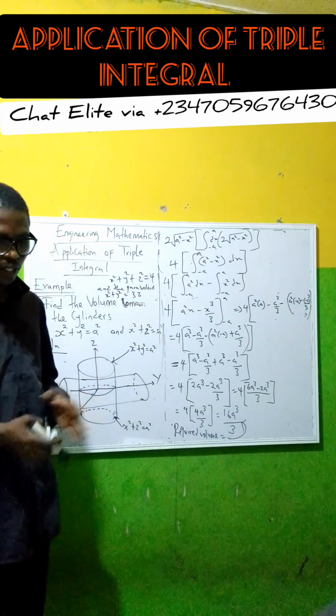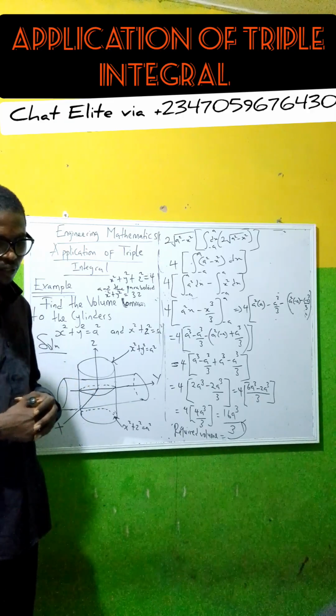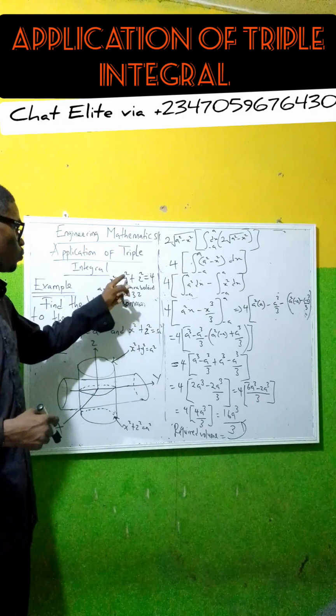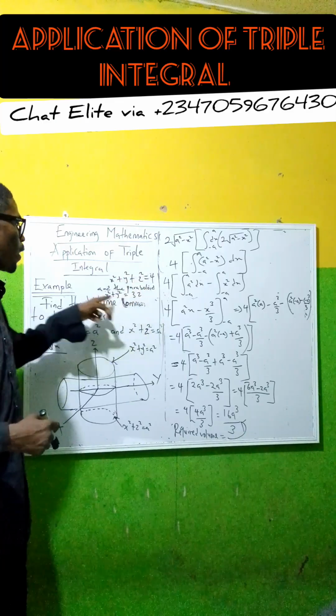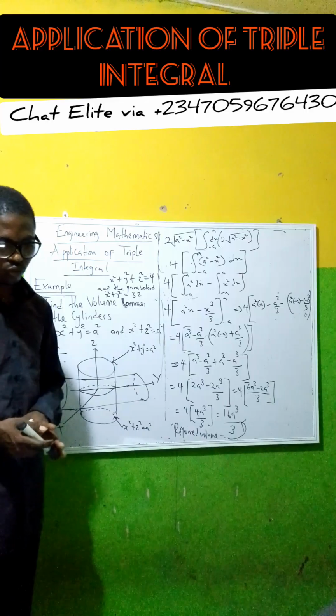Okay, find by triple integration the volume of a solid bounded by the sphere x squared plus y squared plus z squared equals 4, and the paraboloid x squared plus y squared equals 3z.